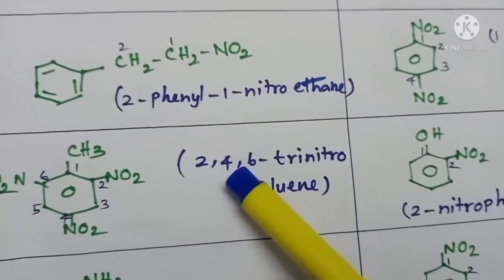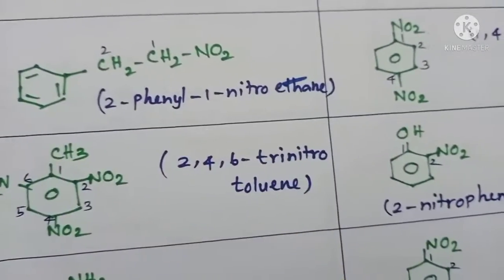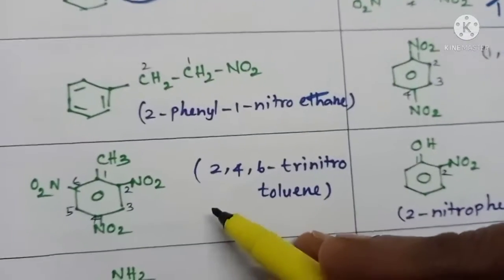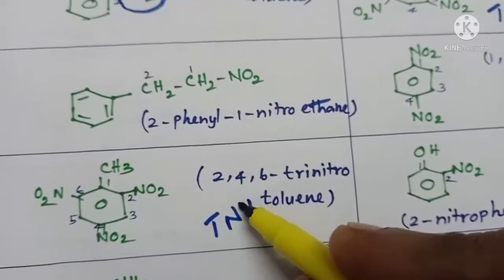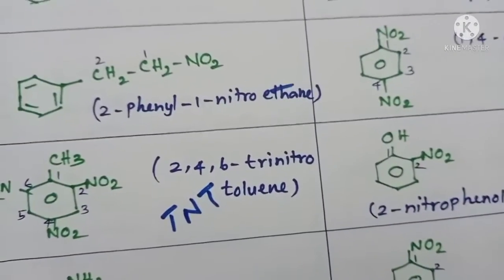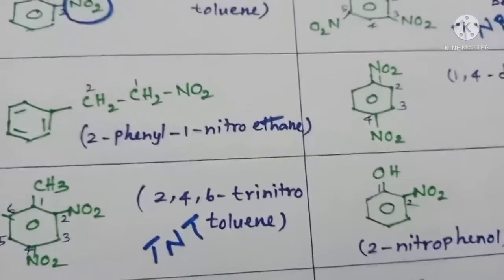So it is 2,4,6-trinitrotoluene. We also call this TNT, like TNB, trinitrobenzene, which we saw earlier. Likewise, this is trinitrotoluene, shortly called TNT. Like TNB, this is also a well-known explosive material.